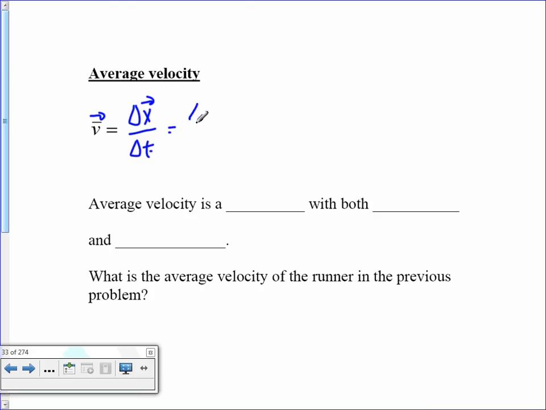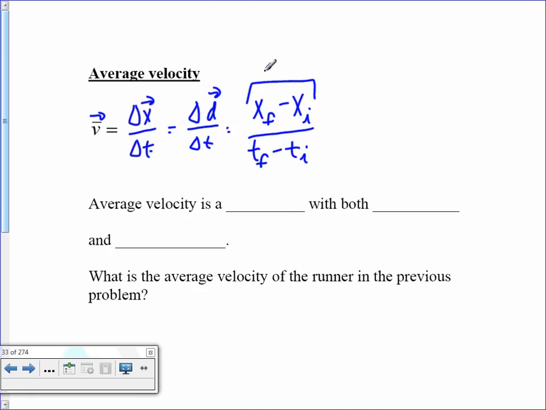I'm sort of using x and d interchangeably. You could write it delta d over delta t. Either one is okay. Xf minus xi all over tf minus ti. All right, remember, this is the definition of displacement.